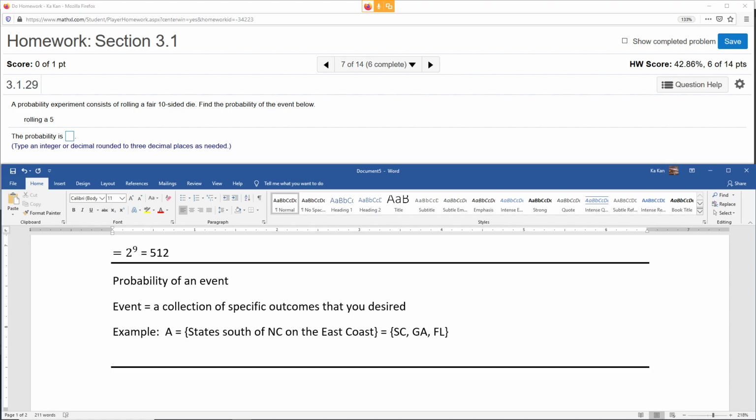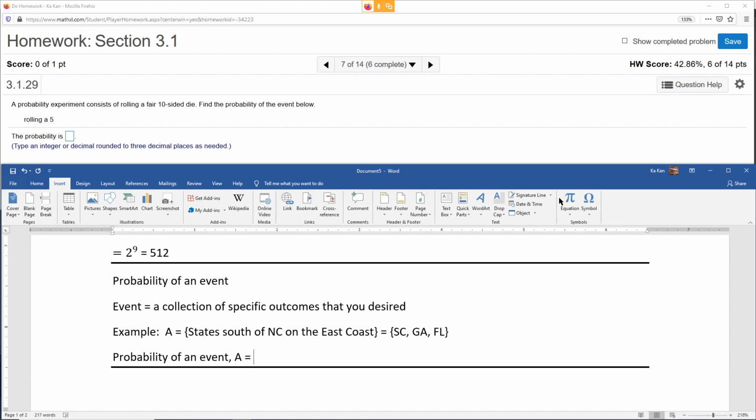But I want to be a little bit more formal. The probability of an event A, for example, is always a fraction.